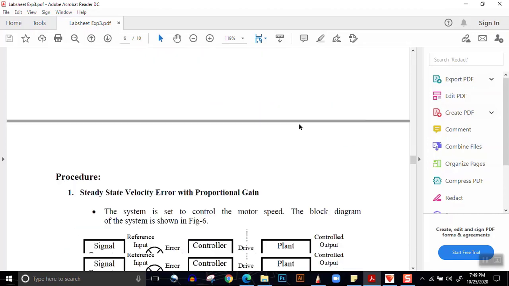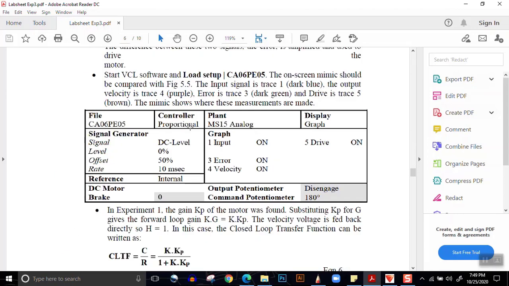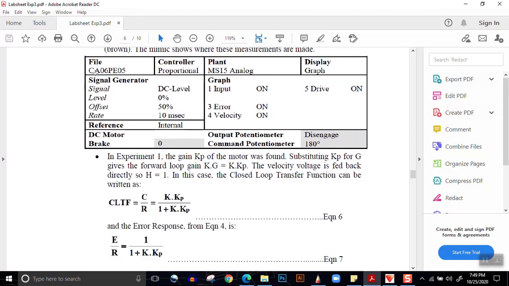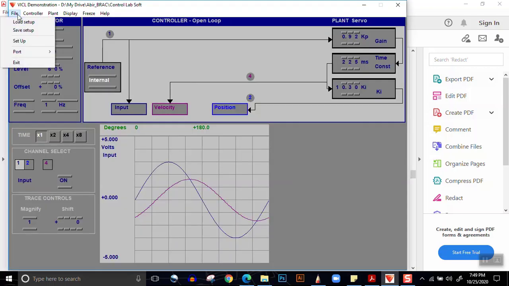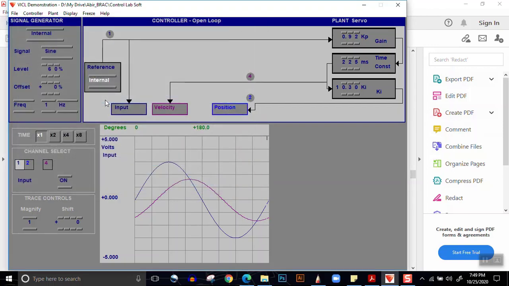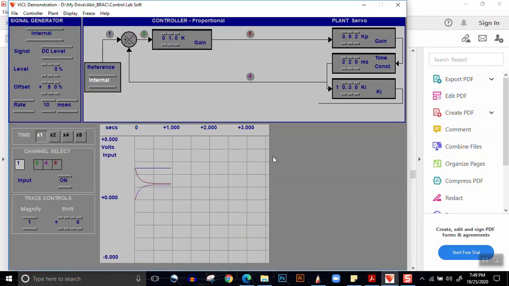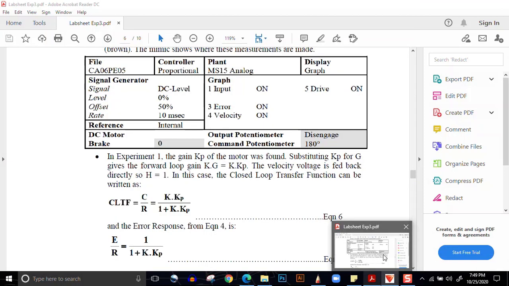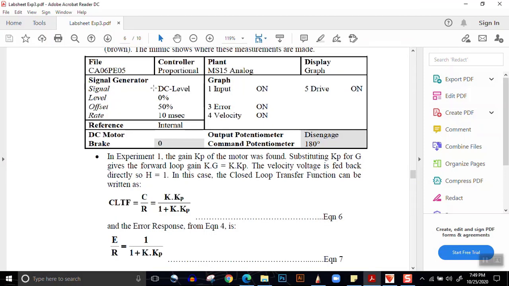So now let us go into the simulation mode. In simulation, we see CA06P05. We have to load that. So we load setup CA06P05. After loading it, we go back to our simulation setup. DC level is 0%, offset 50%, that is 2.5 volts.